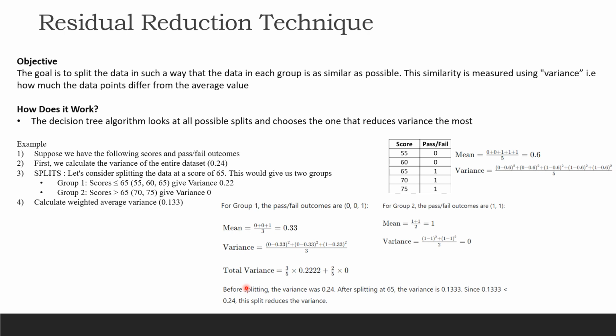So let us suppose that this is the best split we get, but the algorithm will actually take 63, 65, and 67 as the values for the split. For ease of understanding, let's say out of 63, 65, and 67, 65 is giving us the best difference in the variance, and the variance is actually decreasing from the total data set variance.